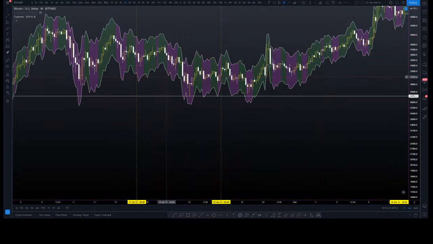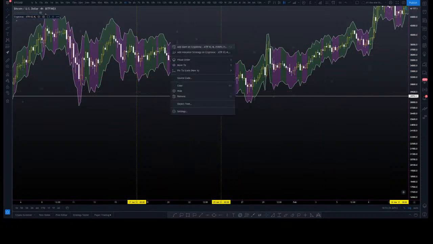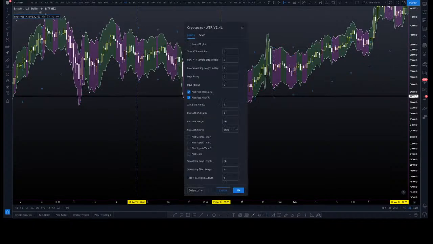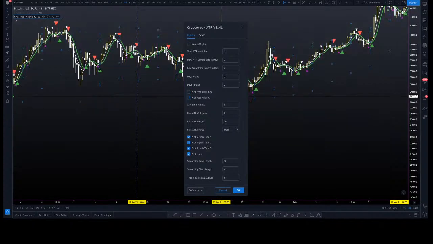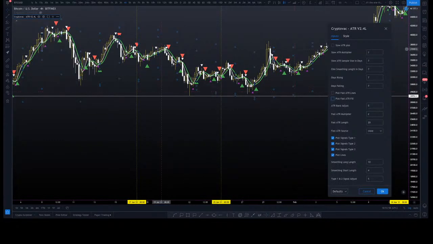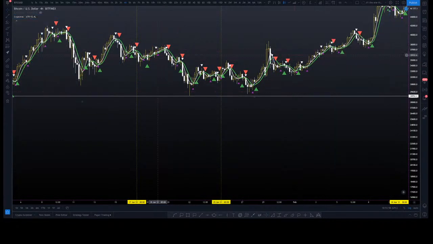So it gets a little better with the ATR. And you have your plot signals 1, 2, 3, and your plot lines. Now we're starting to get real busy in the chart. So we're going to start taking some stuff out. Okay. So what does the 1 do? It tells you where there's a cross, a bearish cross and a bullish cross.